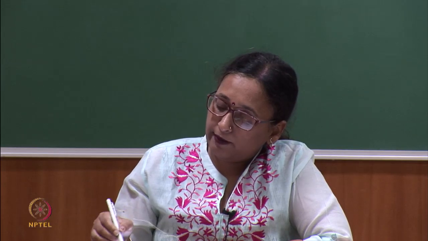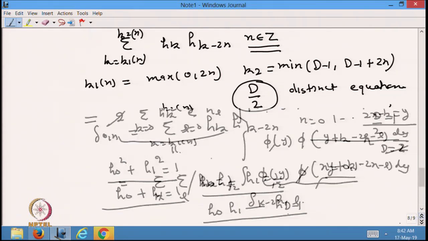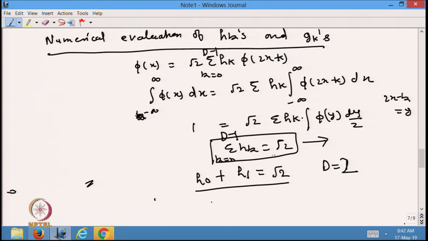Generally, how many distinct equations do I have here? d by 2. And what are the non-zero filter coefficients you have to compute? Total h naught, h1 to h d minus 1. So, in total you need d equations. d by 2 distinct equations you got from here, and 1 equation you got from here, if you remember.